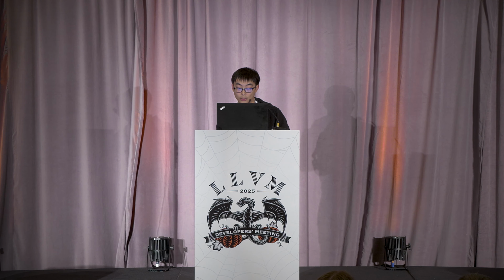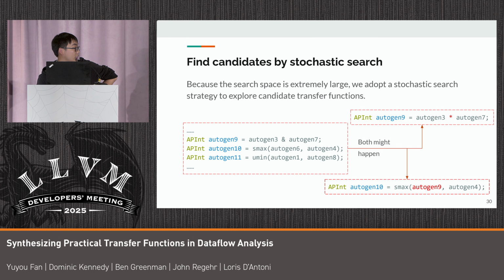For example, this APInt 9, 10, 11, they are auto-generated. You can see they're filled with this. They are not intuitive and not human readable, and I guess no one would maintain it. So I would say it depends. If the community wants to read the synthesizer result, of course we can synthesize it, but it depends.